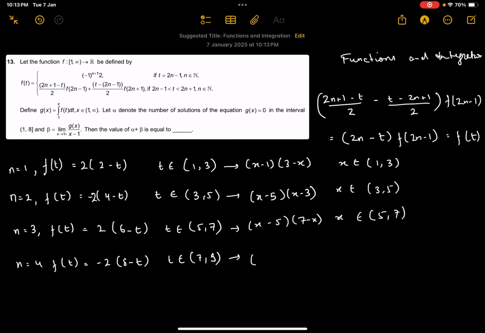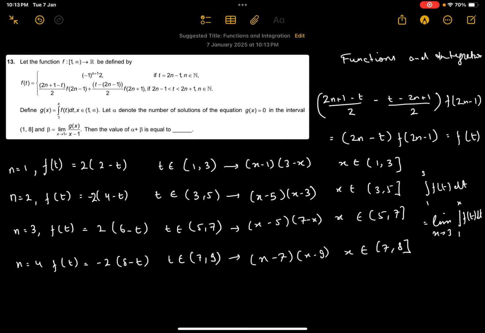So we can already see the pattern here. Now notice, in fact all of these will be closed brackets because this integral of f(t) dt is the same as the limit x tends to 3 when f is integrable, because a single point does not affect the integration.